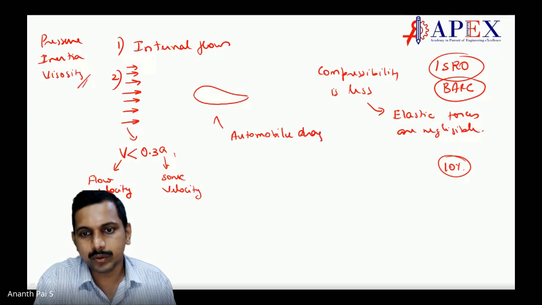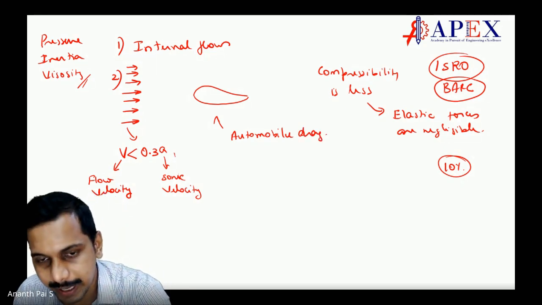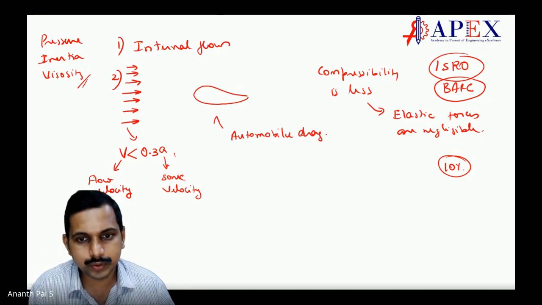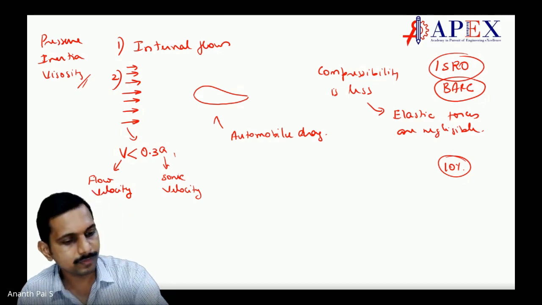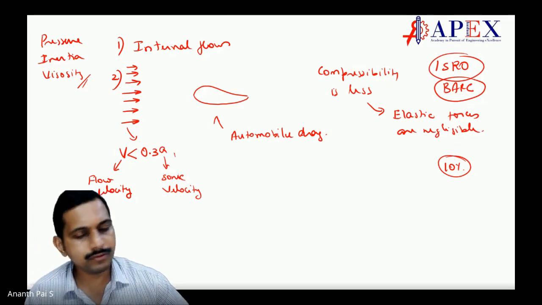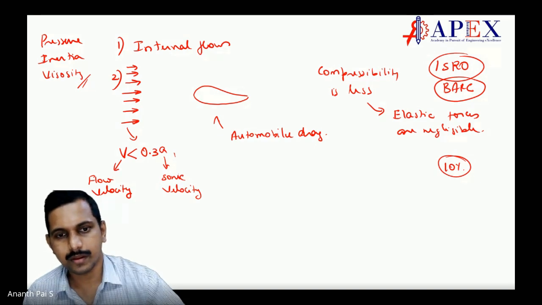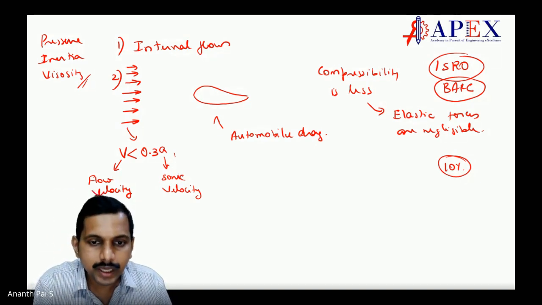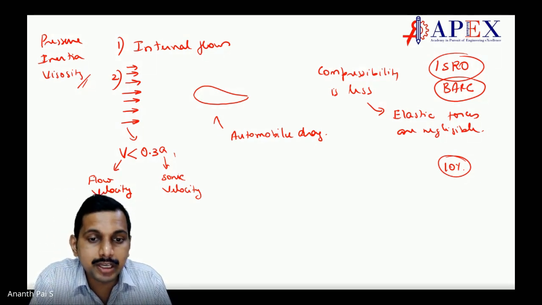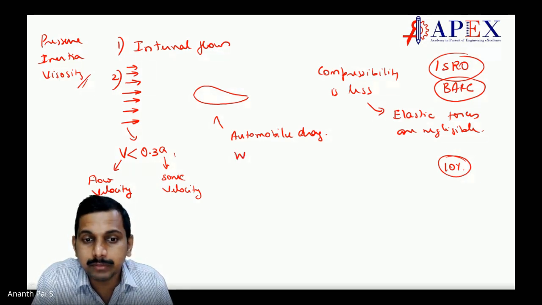Any other cases you can think of, students? Automobile drag is one. Another example is analyzing wind turbine blades.